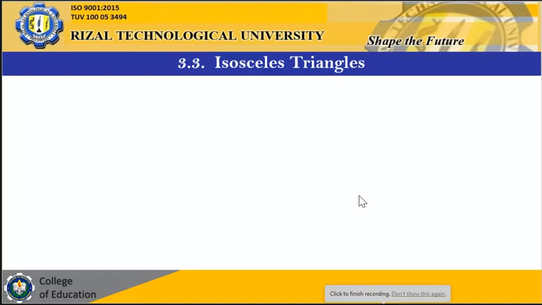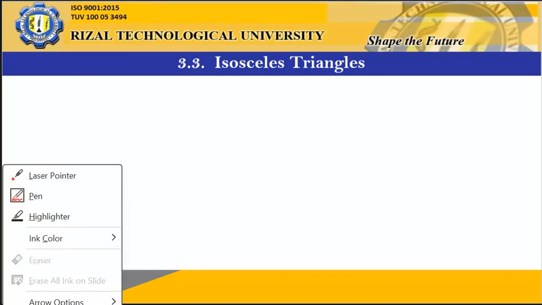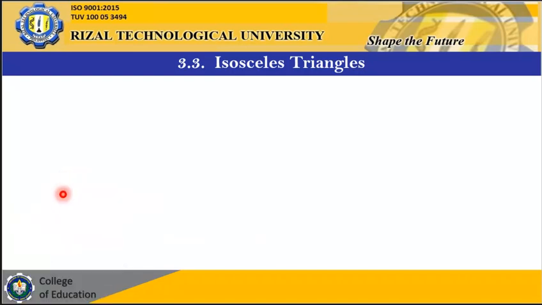Welcome now to the last part of chapter 3, and this time we'll talk about isosceles triangles. Recall that we already have defined what an isosceles triangle is, and we know that an isosceles triangle is a triangle with two congruent sides.